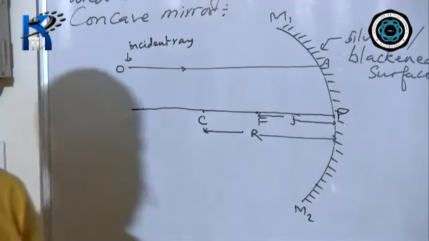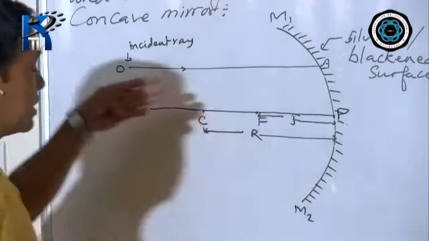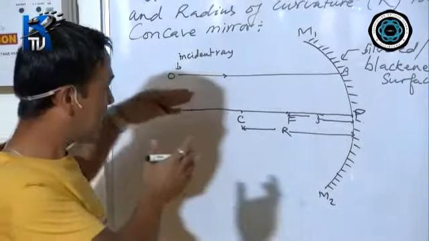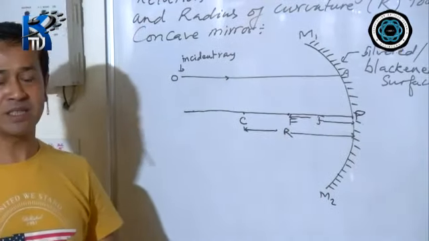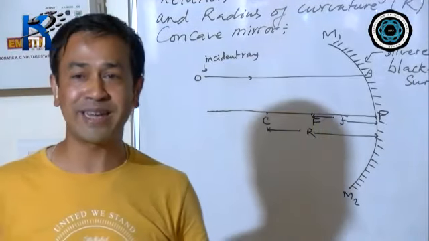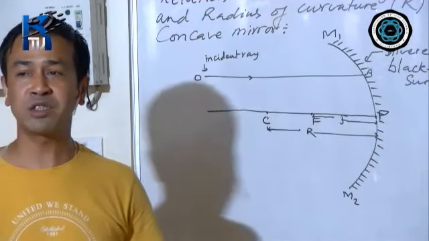Now, let me tell you one important part. The rays of light that are incident on the mirror parallel to the principal axis are basically considered in two ways. Two rays. One is called the paraxial ray, another is called the marginal ray.